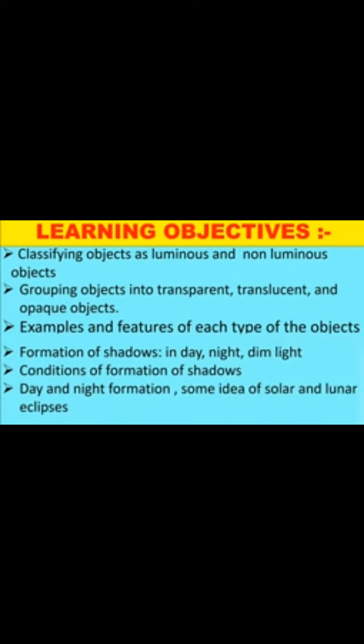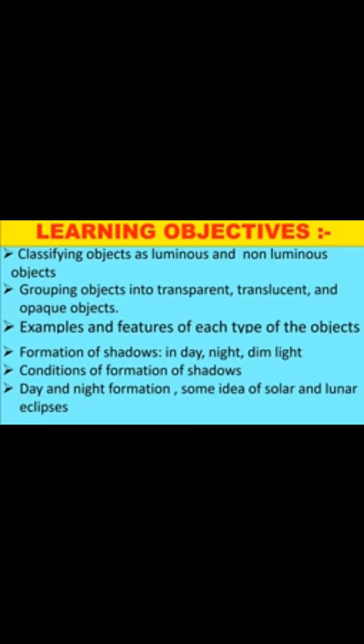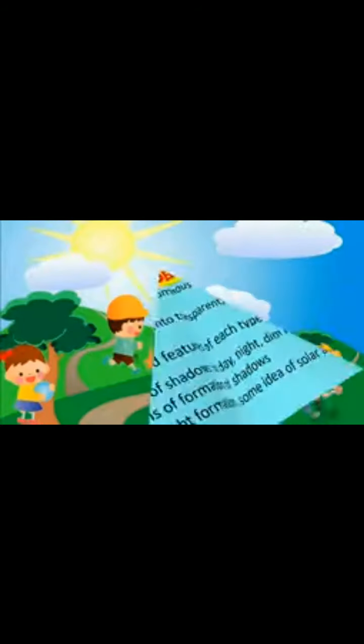Next point, examples and features of each type of object. Next we will study the formation of shadows in day, night and dim light. Next point, conditions of formation of shadows, and the last, day and night formation, how they form, and some ideas related to the solar and lunar eclipses.